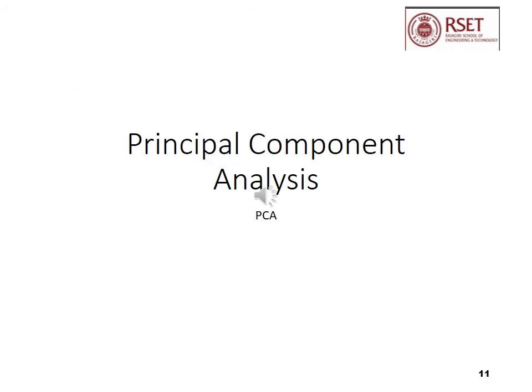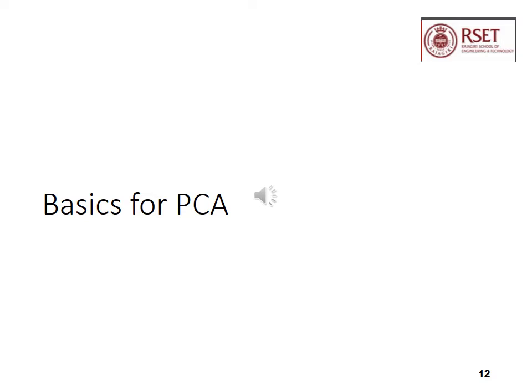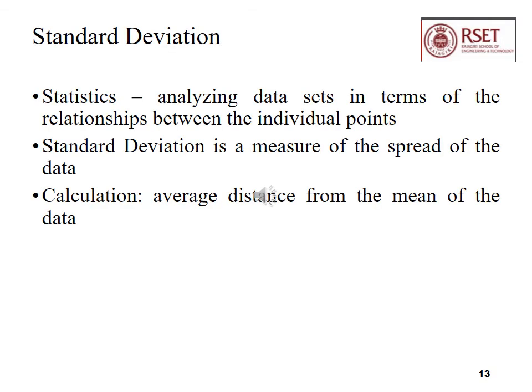In this slide, I am going to explain principal component analysis. The short form is PCA. Let's see some of the basics for PCA. Before discussing more details about PCA, we need the basic definitions of different statistical parameters. First, what is meant by statistics?